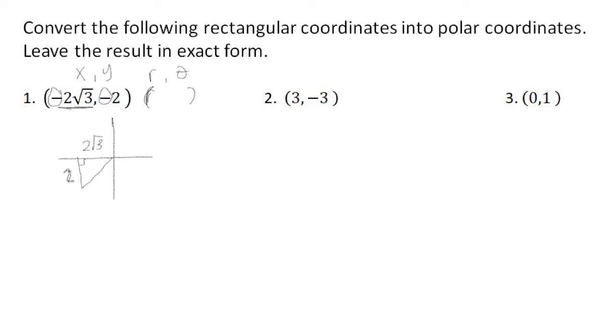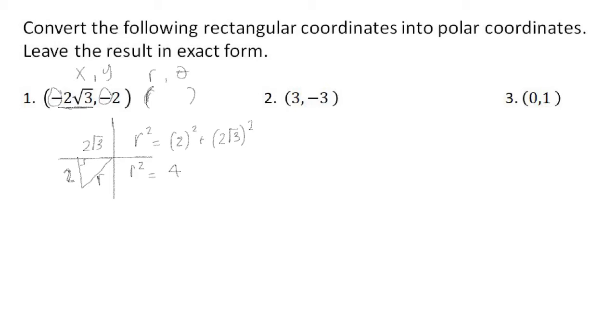Now, to find r, your radius here, we know from the Pythagorean theorem that r squared equals 2 squared plus 2 root 3 squared. And again, don't worry about the signs because if we square it, the negative is going to go away anyway.